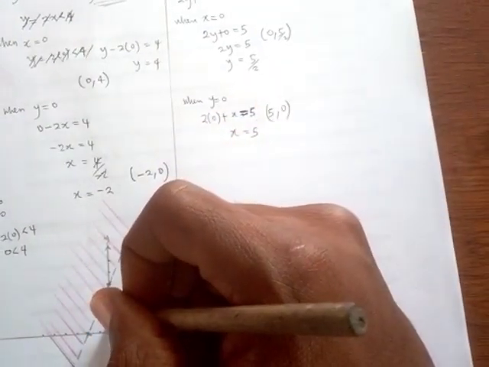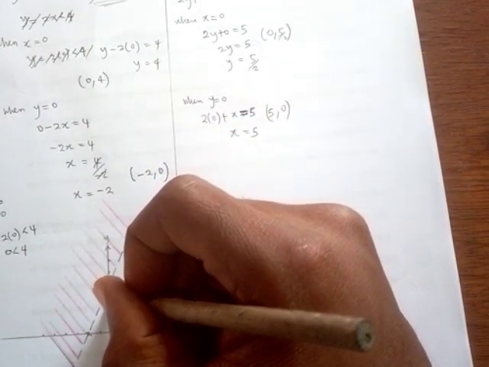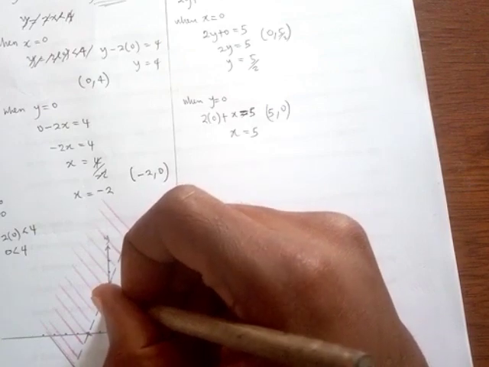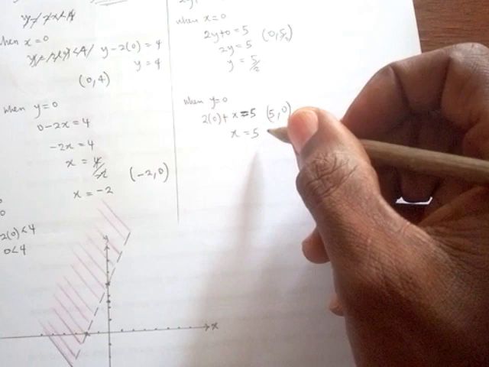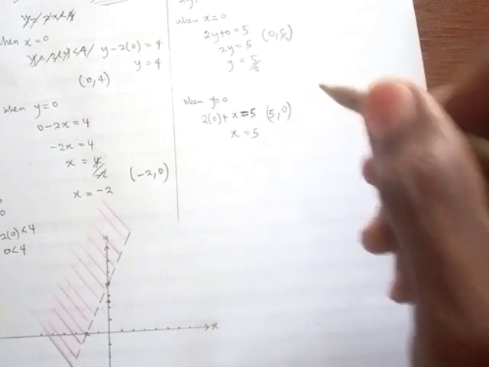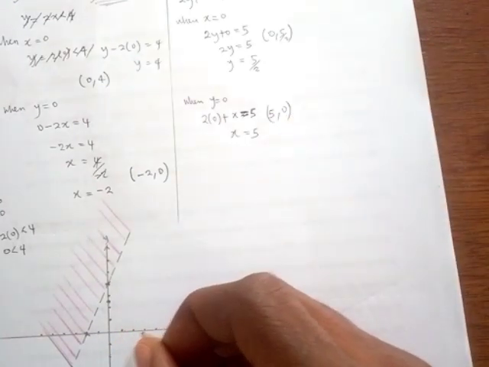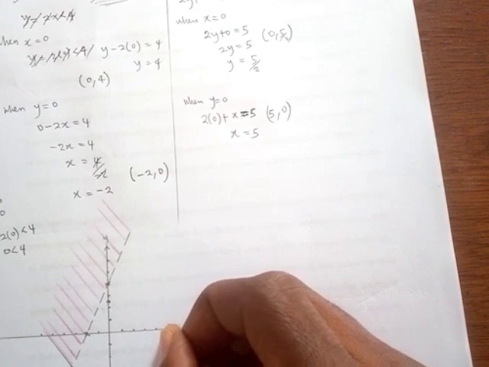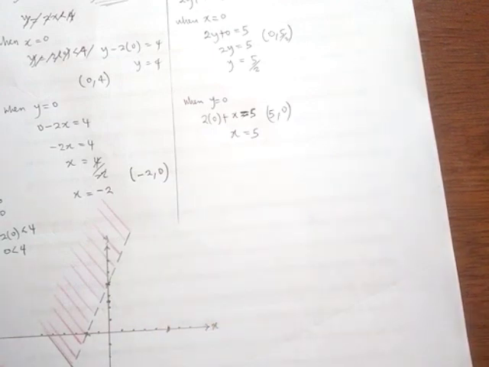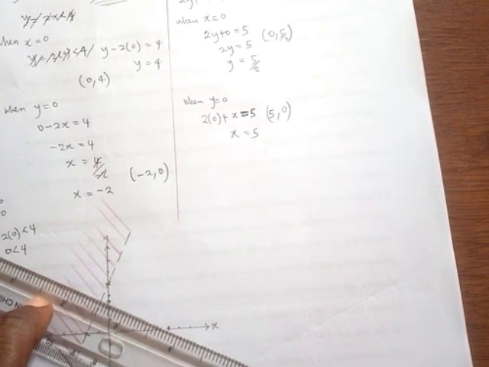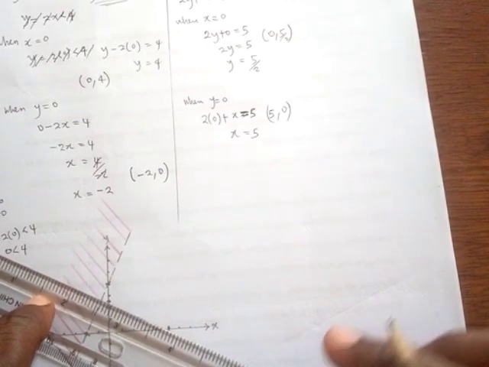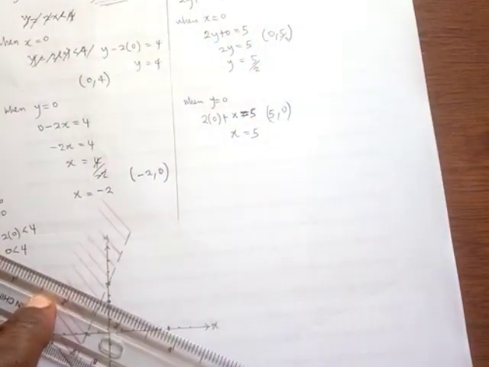So we have, this is 1, this is 2, half will be somewhere here. Then here we have when x is 5, y is 0. 1, 2, 3, 4, 5. So we're going to draw a straight line, thick continuous line, because we have greater than or equal to.